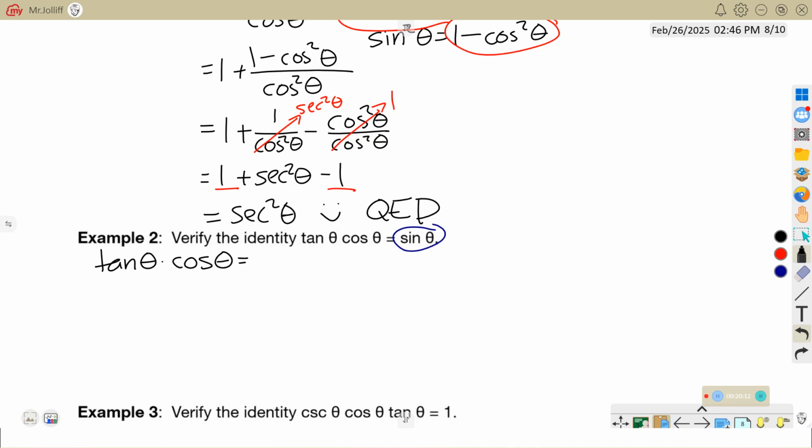So remember, we're only modifying this side. So the goal is to get sine as an answer. I don't have sine up there. So what can I do to this? Ooh, definition of tan. And what is tangent equal to? Sine over cos.